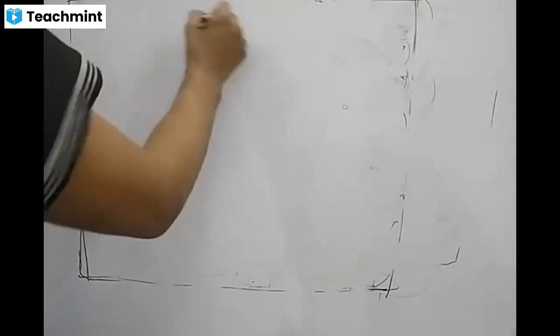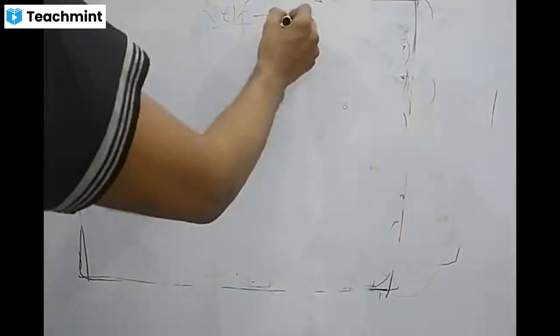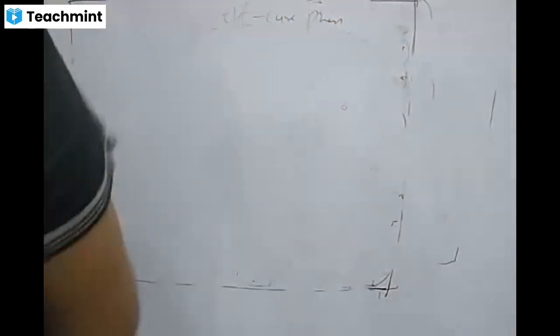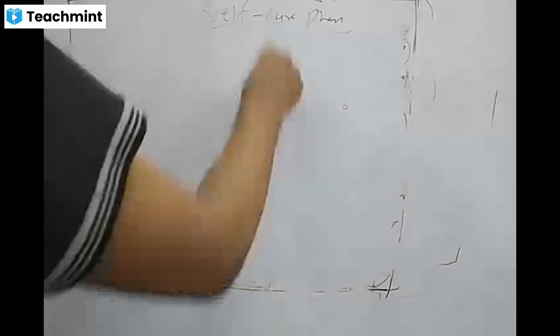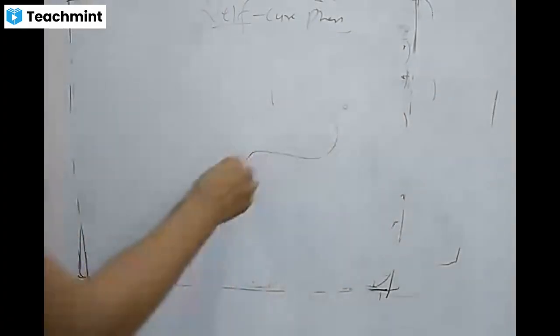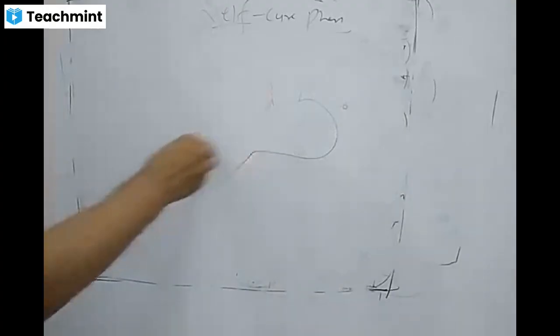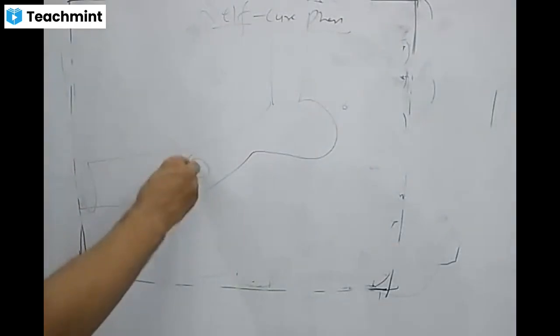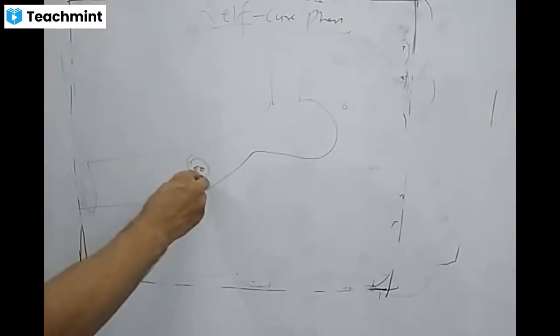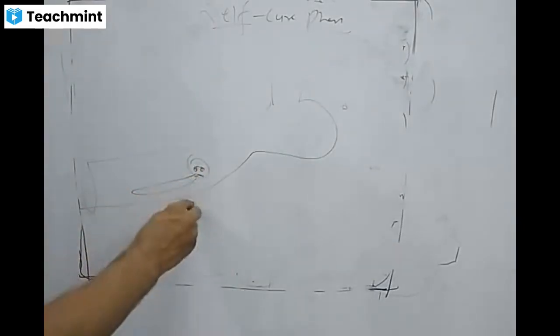Next, the most important MCQ topic is the self-cure phenomenon. And this self-cure phenomenon is related with the nematode Haemonchus contortus. So in case of self-cure phenomenon, this is the GIT. At this place, some adult worms are sleeping.